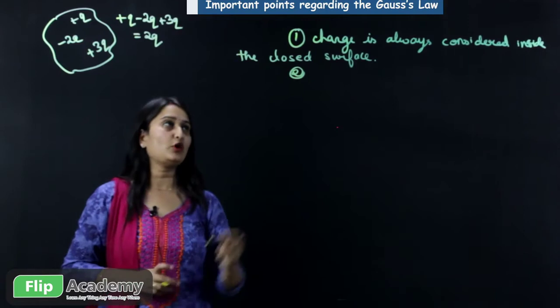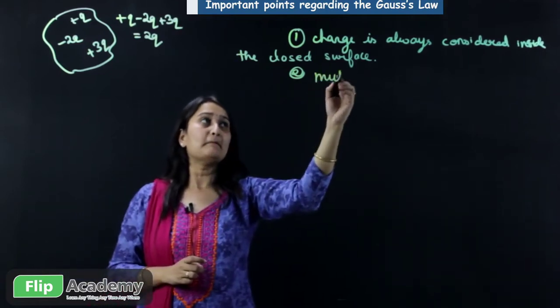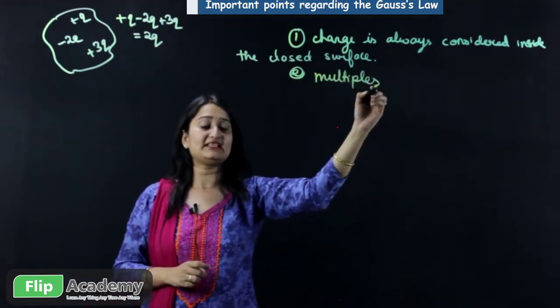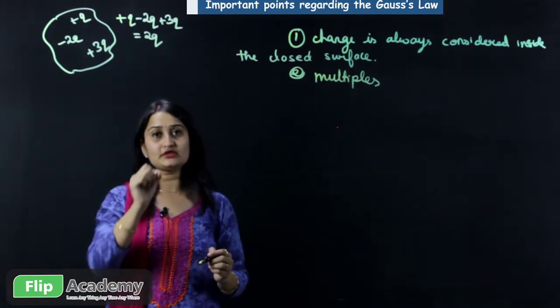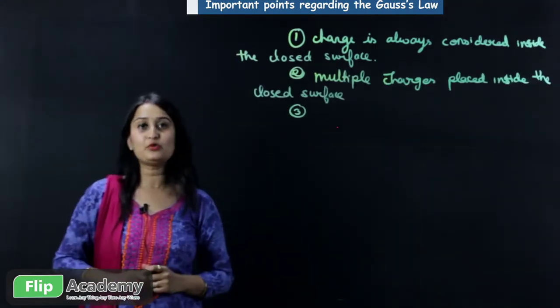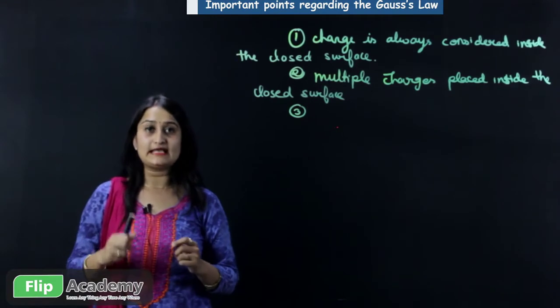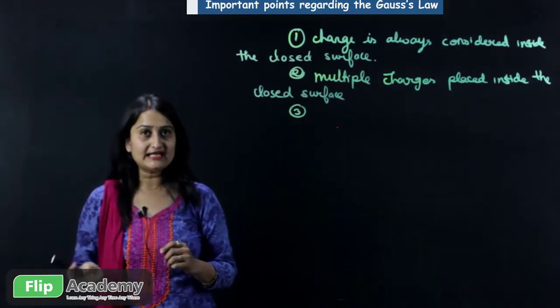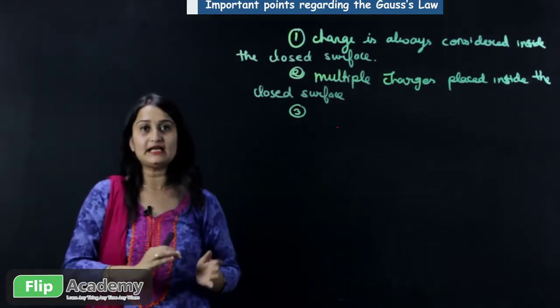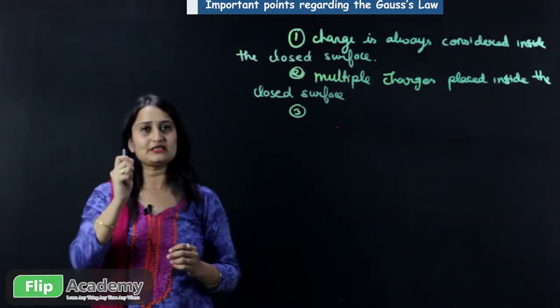So the next important point is that you have to consider the multiple charges which are placed inside the closed surface. Now the third important point is, suppose there are some charges outside the body and some charges inside the body, so in that condition what is the total flux?